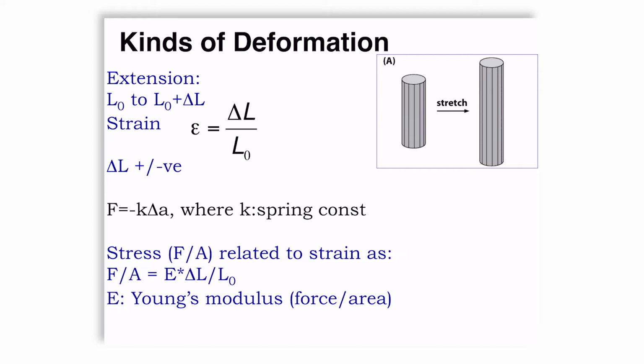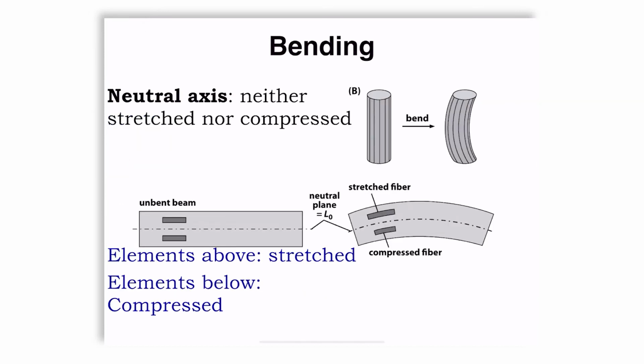Since we know that F is equal to minus Kx, where K is the spring constant, then stress is related to strain as F by A is equal to E times delta L upon L0. That is, stress is related by the Young's modulus to the strain proportionately. This Young's modulus has units force per unit area, similar to stress, simply because delta L by L0 is dimensionless and unitless.